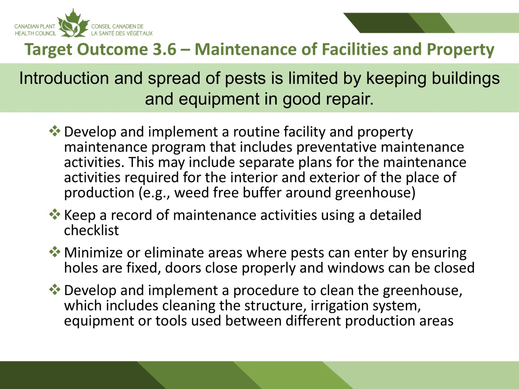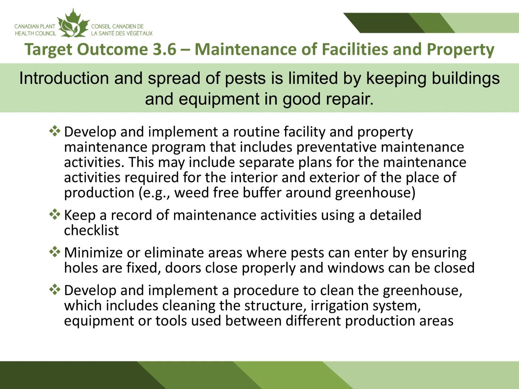The standard also highlights the need to keep all buildings and equipment in good repair as an effective biosecurity measure to prevent pest introduction. This would include implementing a routine facility and property maintenance program and keeping a record of these maintenance activities. This program should include both the interior and exterior of the place of production.